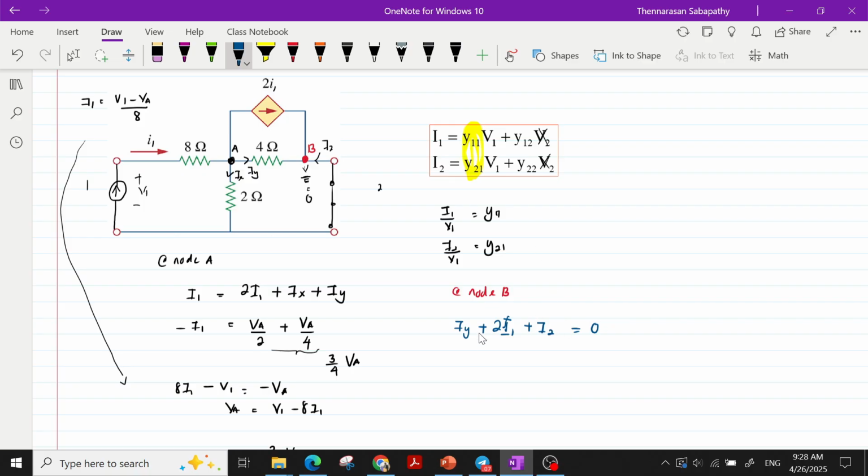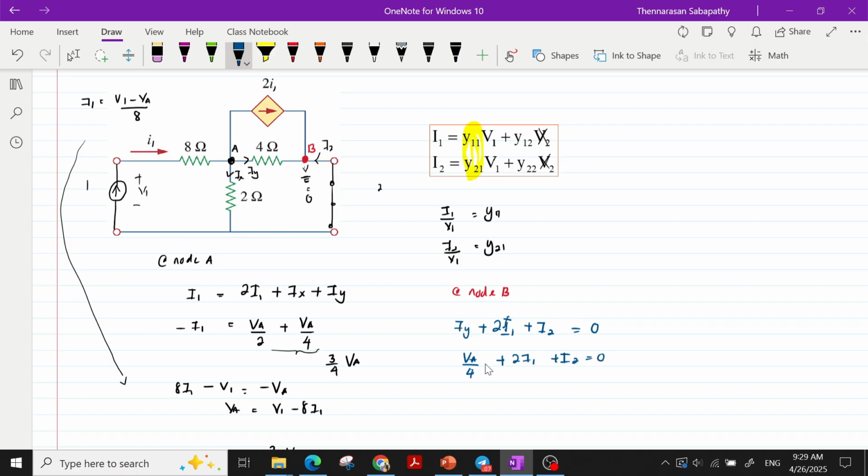IY is the V here, VB actually 0 because no voltage drop here. So IY will be VA over 4, no need to write minus VB because VB is 0. I'm just choosing the node because I want to write the equation. Plus 2I1 plus I2 equals 0.